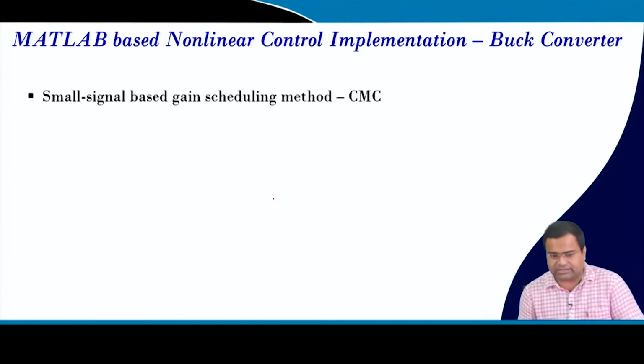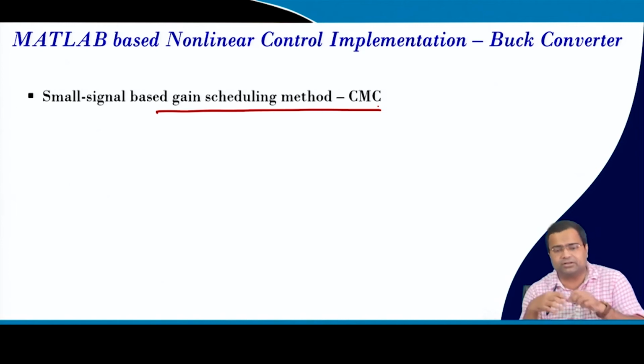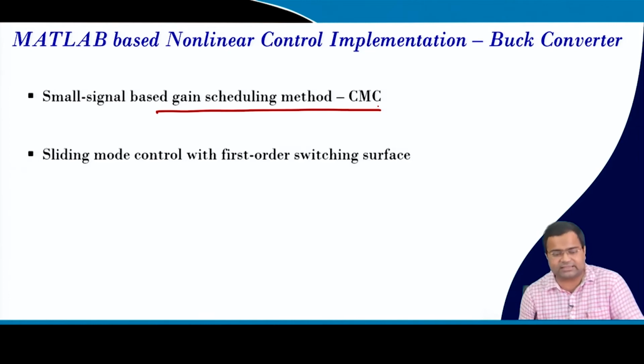So, first we will consider the MATLAB in a buck converter. What are the MATLAB case studies we are going to consider? One is the current mode control, where we have designed based on traditional tuning like pole zero cancellation, stable pole zero cancellation.